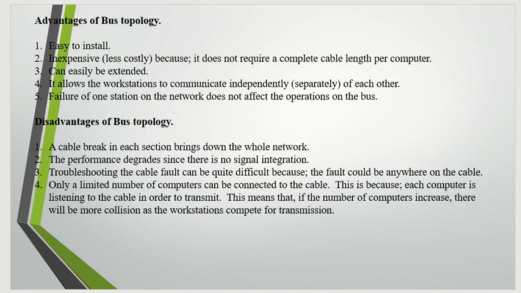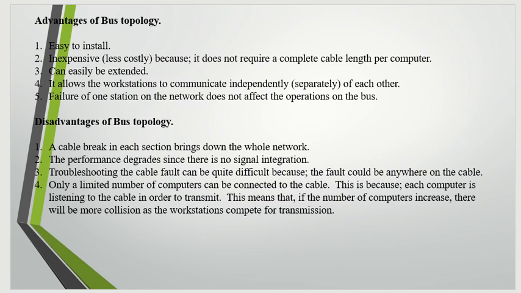And the last thing we're going to handle today is the advantages and disadvantages of this topology. The first advantage of bus topology is that it's easy to install, it's less costly compared to star, of course, because it does not require a complete cable length per computer. It can easily be extended.